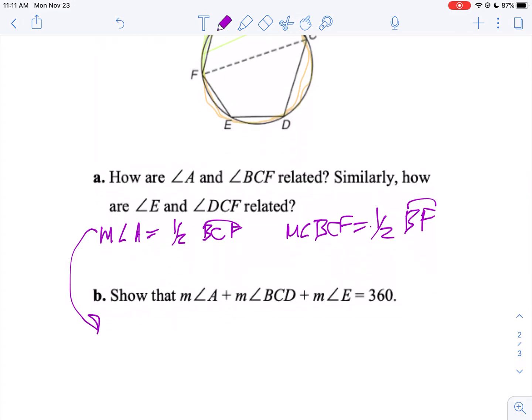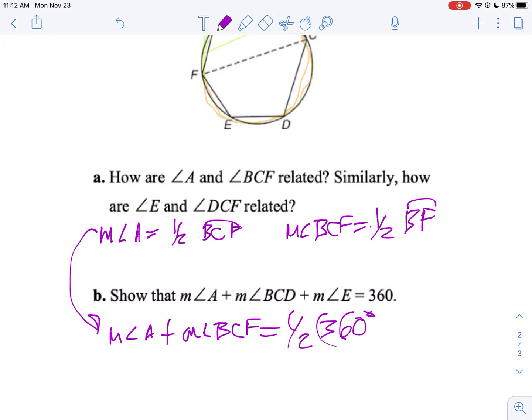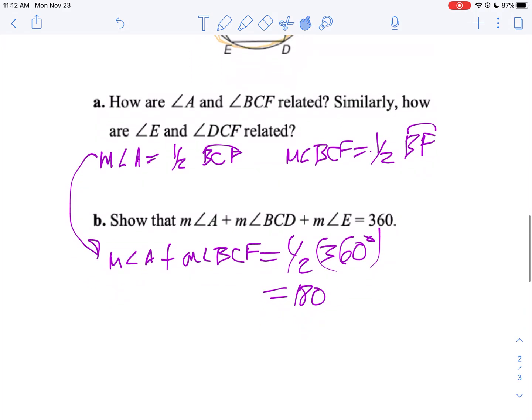So we know the measure of angle A plus the measure of angle BCF is going to be half of the whole circle, which is 360 degrees. Well, what's half of 360? That's 180. What do you call two angles that add to 180?